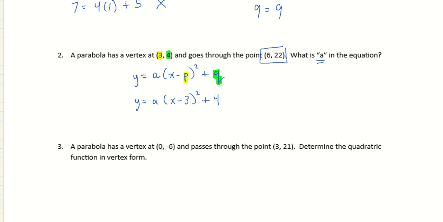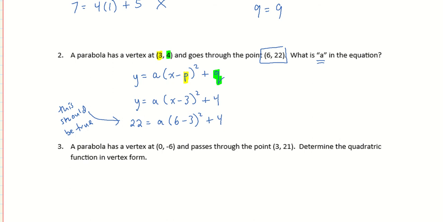So just like the previous question, if (6, 22) is actually on this parabola, we should be able to plug it in and make a true statement. So let's do that. y is 22, x is 6. Okay, we know that this should be true, because if (6, 22) is actually on that parabola, it should all work out.